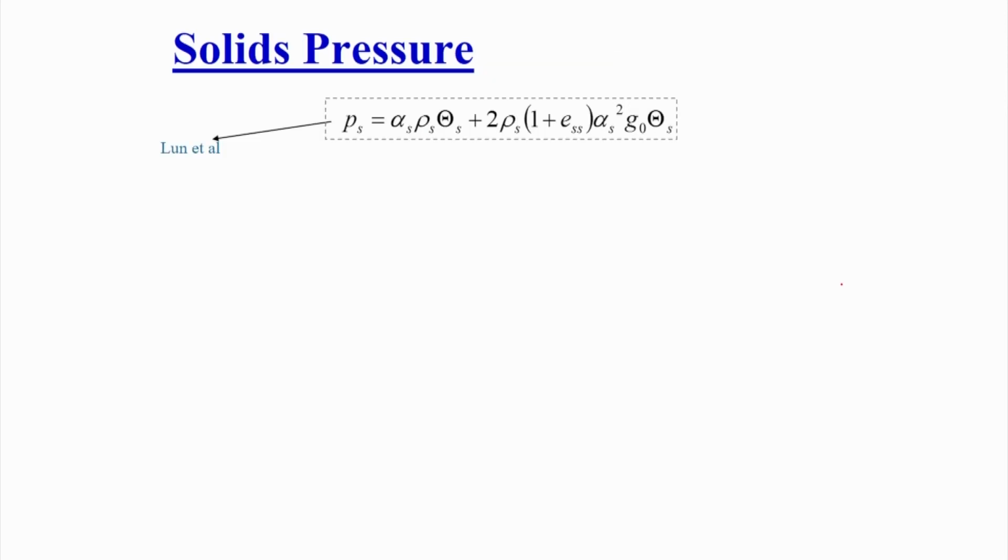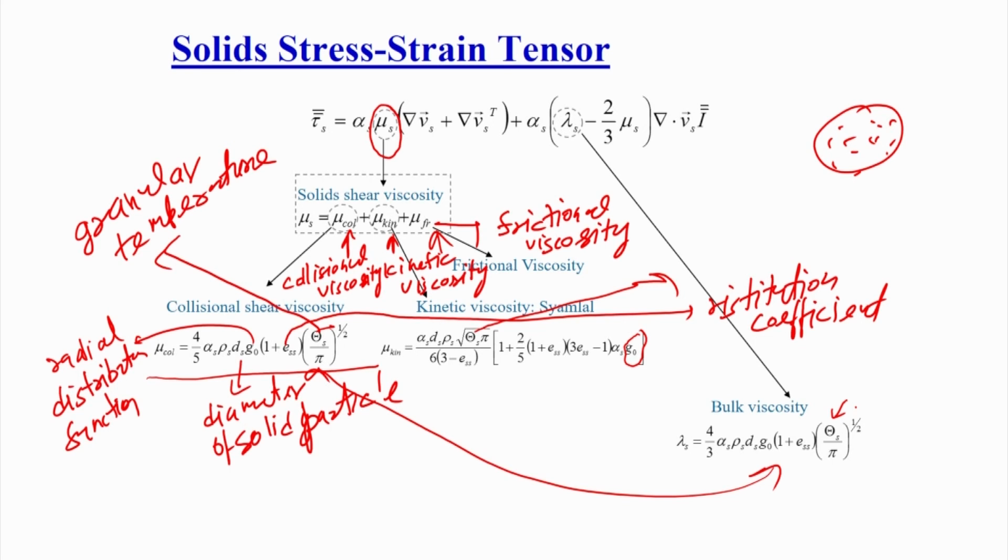Similarly, the solid pressure. So, this is the way the shear stress model is being developed. You use all these collisional equations to model that, and you see how these equations are going to be implemented in this, and the accuracy of this shear stress, or the solid stress tensor term, will depend on how accurately these models are working.